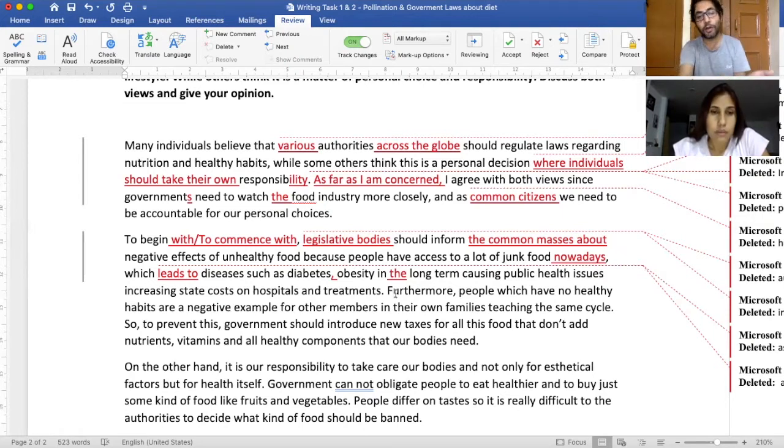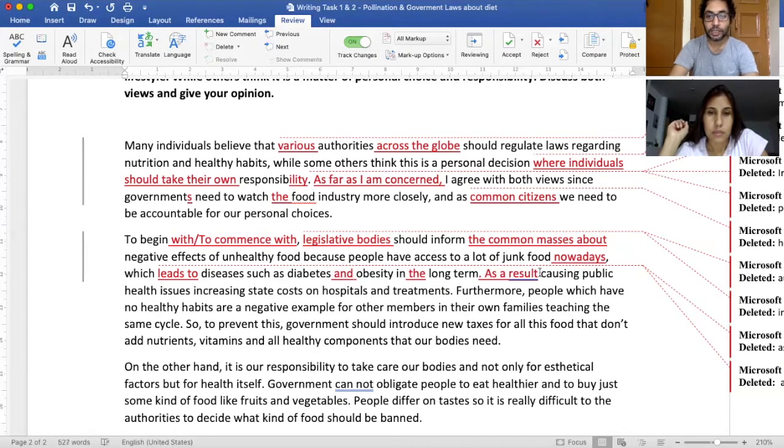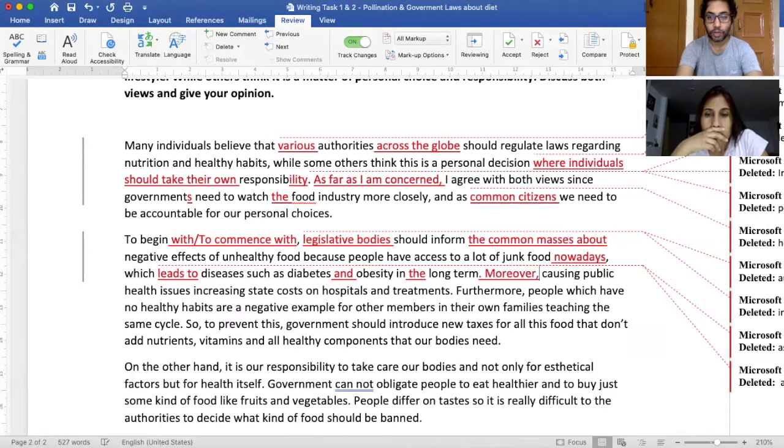You have spoken about the diseases, you can finish it here, and then you can say as a result or moreover, and start a new sentence with a connector.